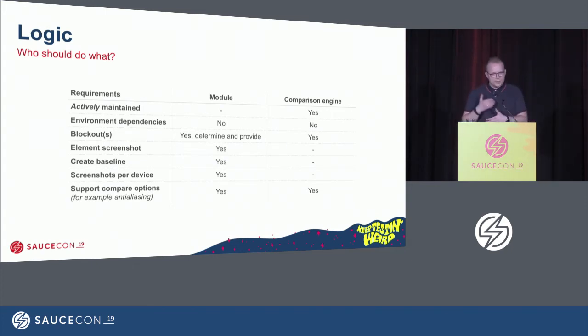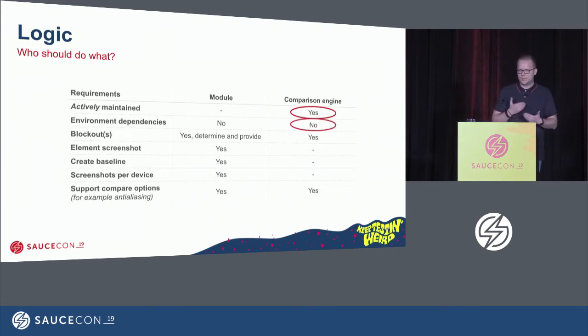And what we did is also an investigation for comparison cores, for engines that could do the pixel by pixel comparison for us. The only thing we said we needed is something that, first of all, was maintained actively.